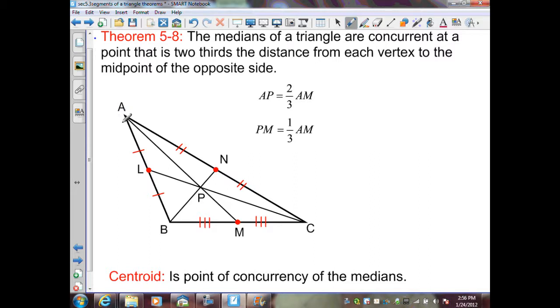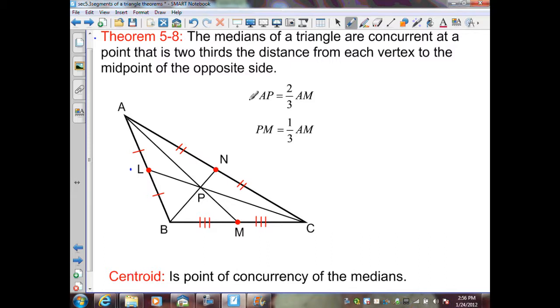Here, we're given triangle ABC. We have medians AM, BN, and LC. They are concurrent at point P. Point P is known as the centroid, the point of concurrence for the medians.